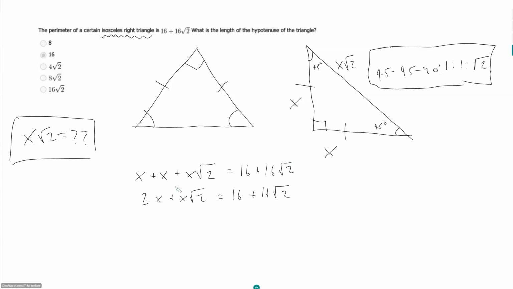And so then I can factor out an x from this side, and so that would give me x times 2 plus rad 2 is equal to, and then I can factor out a 16 from this side, 16 times 1 plus rad 2.